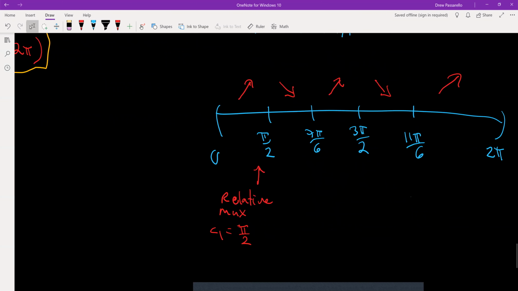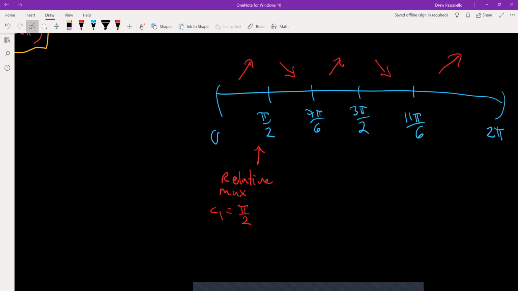So we determined pi over 2 is a relative max. At 7 pi over 6, since it goes from decreasing to increasing, that's a relative min. 3 pi over 2 goes from increasing to decreasing, so that's a relative max. And then 11 pi over 6 is a relative min.